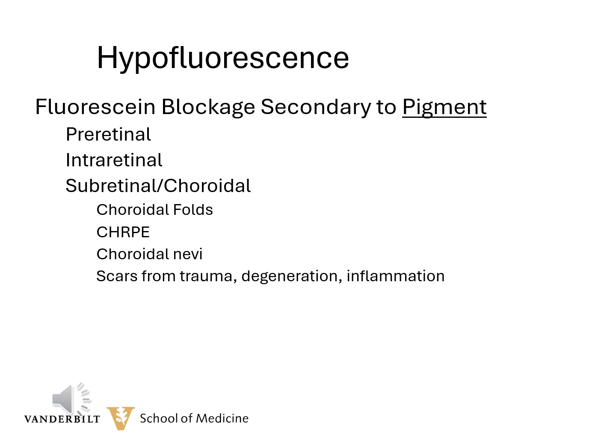Now we will look at pigmentary changes deeper in the retina at the level of the pigment epithelium, and these examples would include choroidal folds, congenital hypertrophy of the pigment epithelium, and pigment from scars in the choroid.